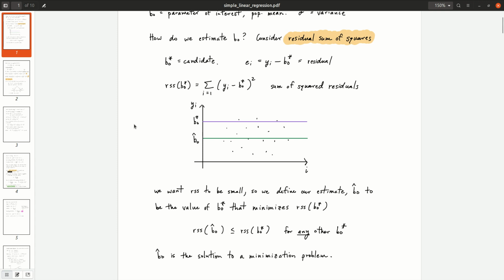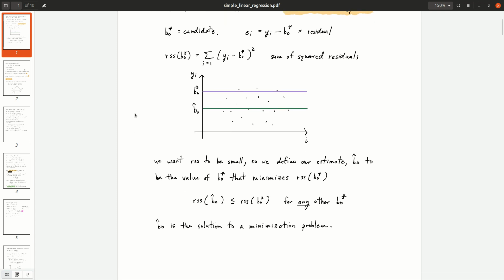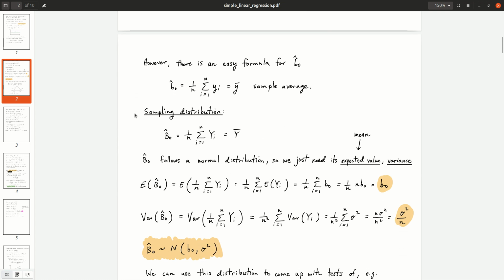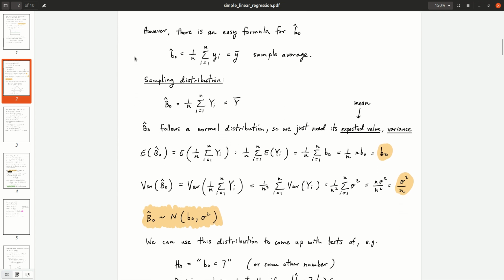And in those cases, we're going to want to just use the residual sum of squares criterion to define what our estimates are. Luckily, though, in this case, where there's just one parameter, the minimizer of the residual sum of squares is simply the sample average. So all you have to do to minimize the residual sum of squares is take the average of the data, and that is the minimizer of the residual sum of squares.